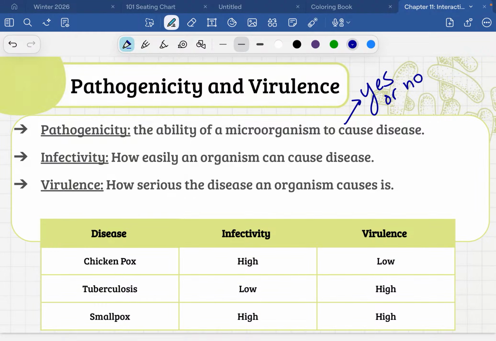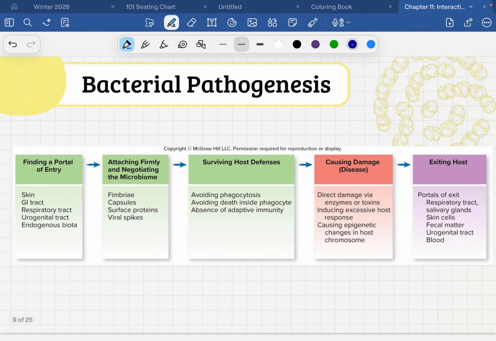Okay, so that is something that you'll have to think about as we go through all of these different infections and we talk about how these bacteria and viruses and things like that interact with human bodies. We're going to talk about their infectivity and their virulence. Because again, all of this is a balance, right?